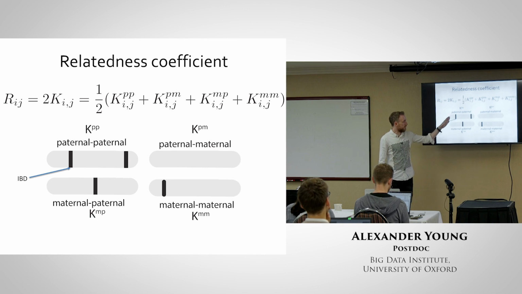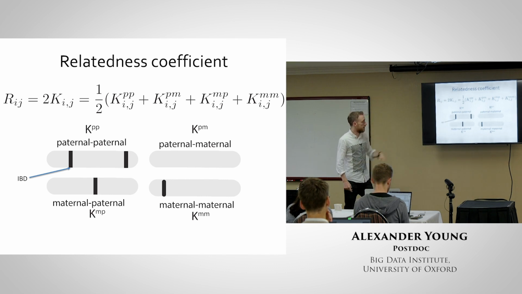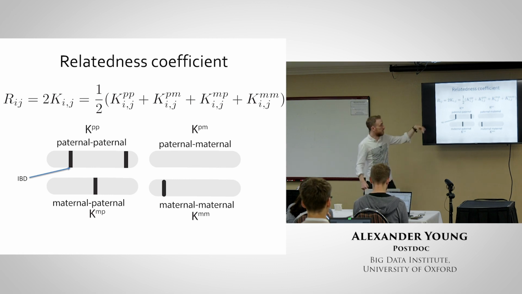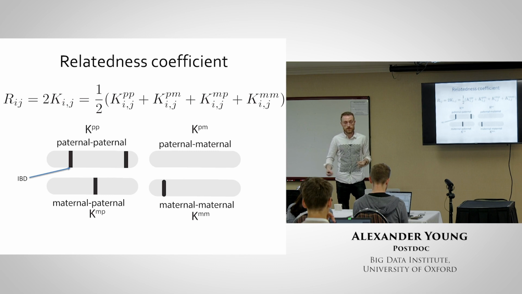So it's the average over the paternal-paternal IBD sharing, the paternal-maternal IBD sharing, the maternal-paternal IBD sharing, and the maternal-maternal IBD sharing. And you divide that by 4 to give you the kinship coefficient, which is this probability, and then you need to multiply it by 2 to scale for the fact that things are diploid and additive in this model. And that gives you the covariance between individuals' diploid genotypes.